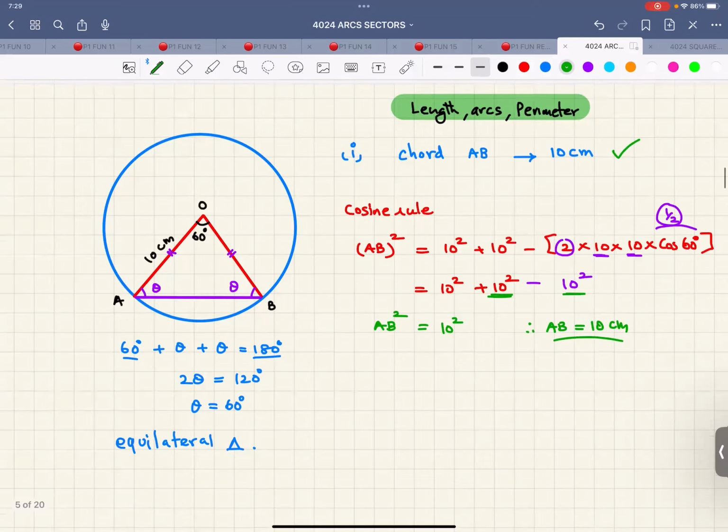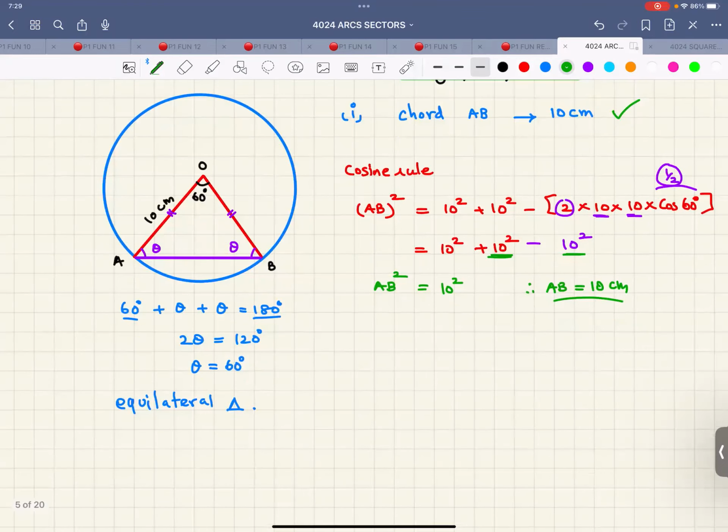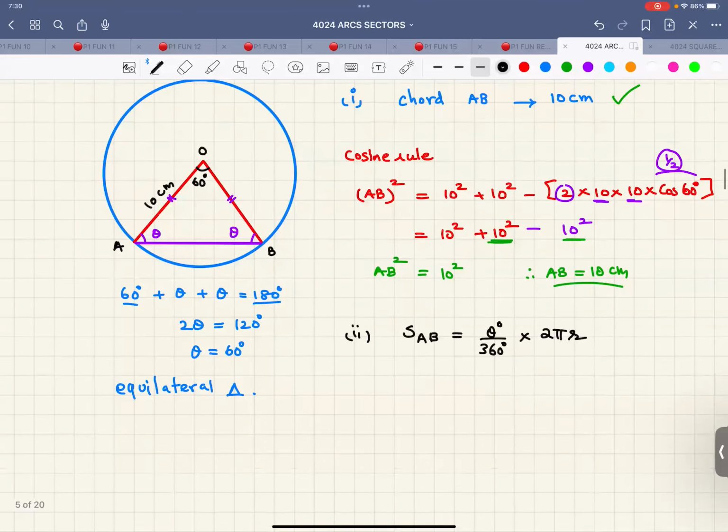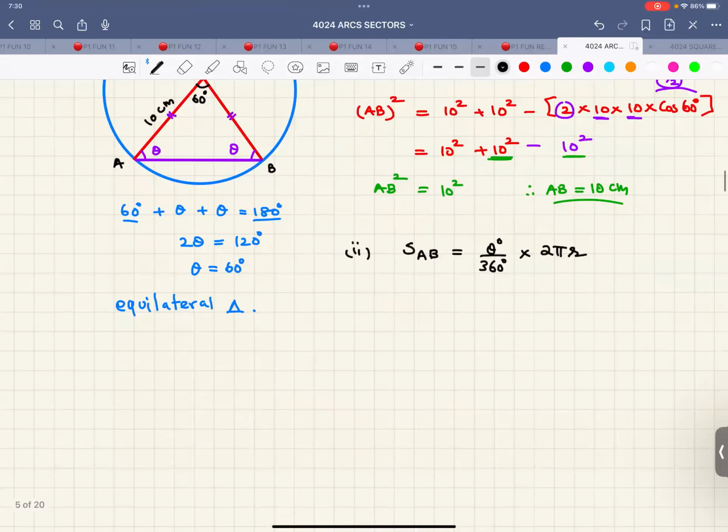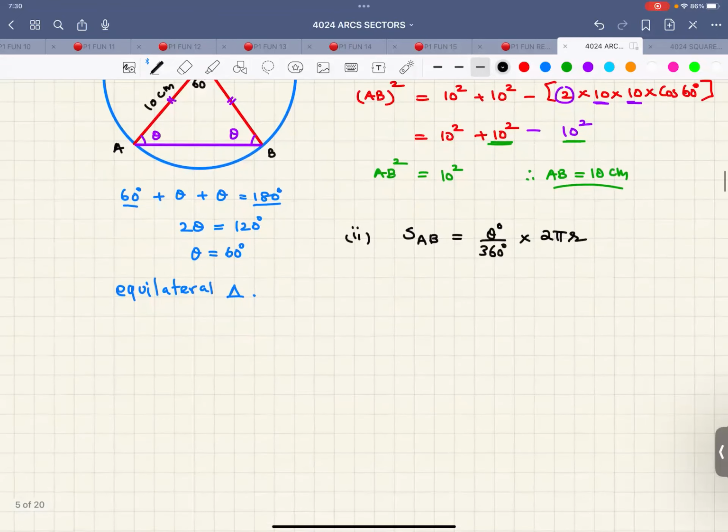So that is the first part. The second part is the arc length AB. That is theta over 360 degrees into 2 pi r. Now, I'll work in terms of pi, as I'll treat it as a paper one question. This is 60 over 360 into 2 into pi into 10.